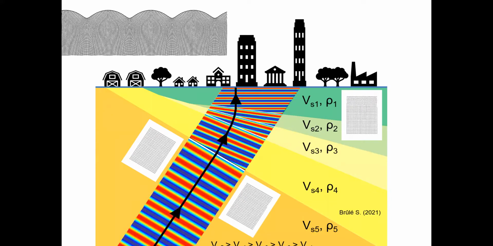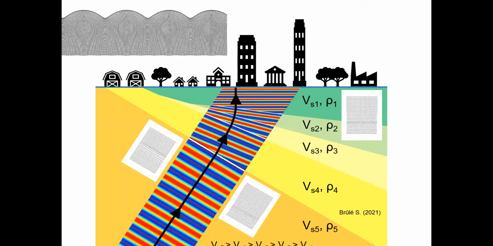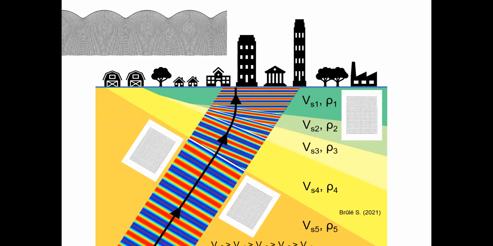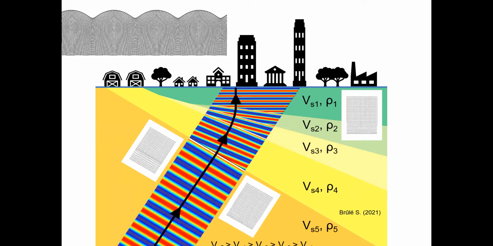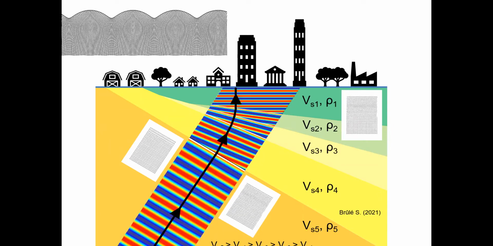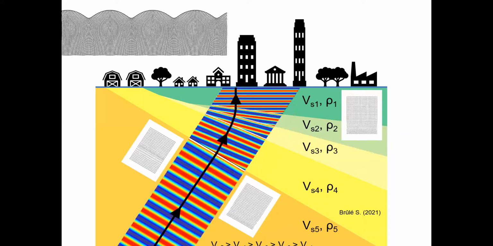We have this, but the frequency content of an earthquake signal is not harmonic. It covers a range of frequencies, so we have all the phenomena simultaneously at each time.